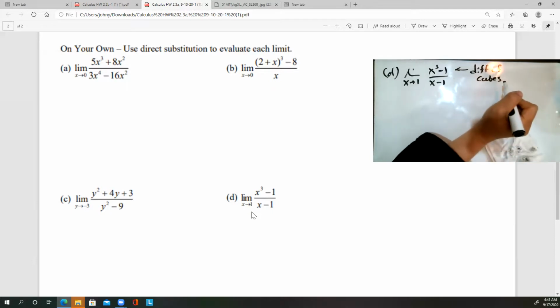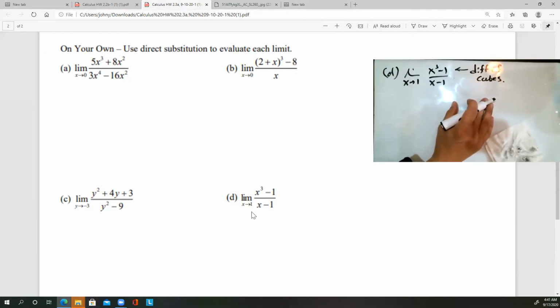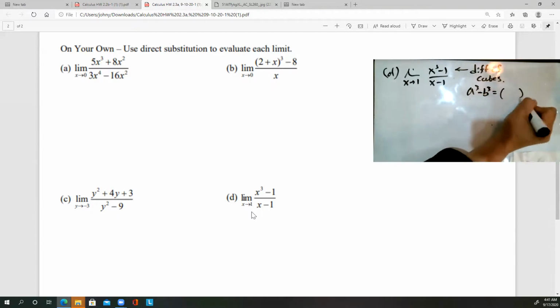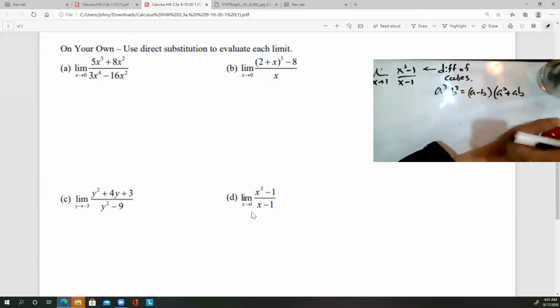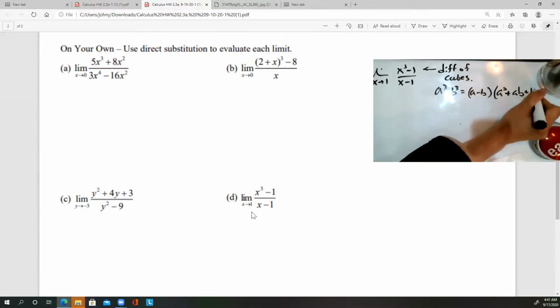Does anybody remember the difference of cubes formula? A cubed minus b cubed is equal to, the first factor is going to be a minus b. You drop everything without the cube. The second factor is going to be you square the first one, change the sign from a minus to a plus, we multiply these two, a, b, and then plus b squared.